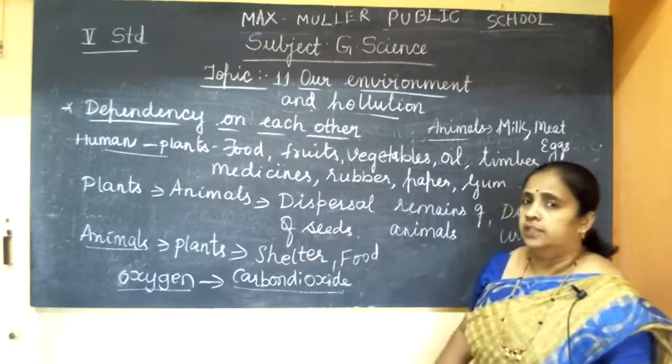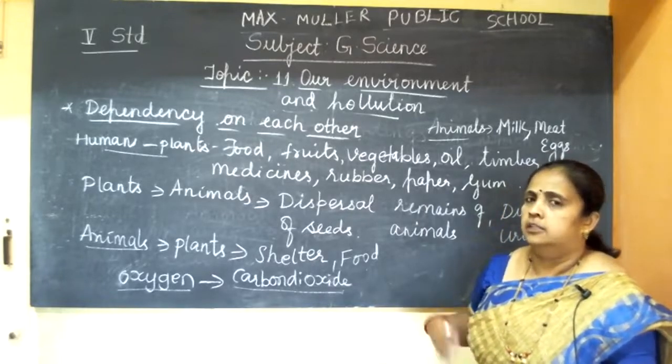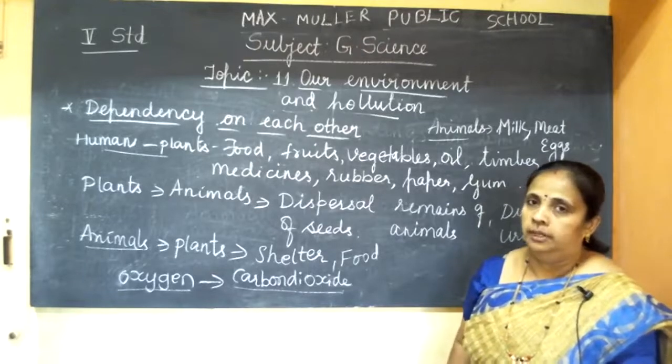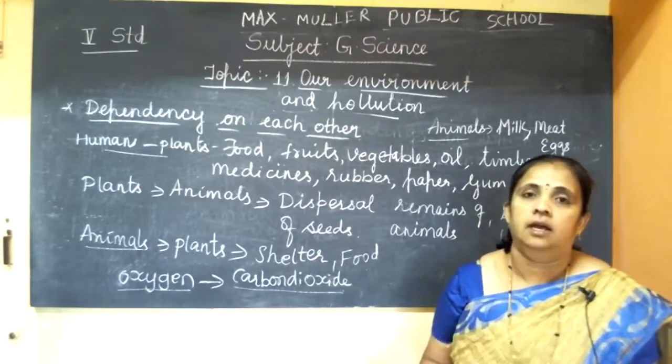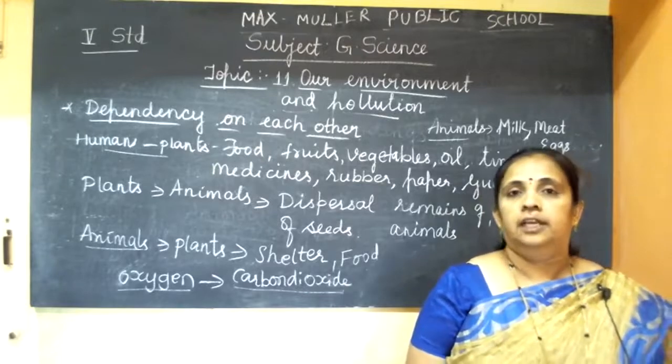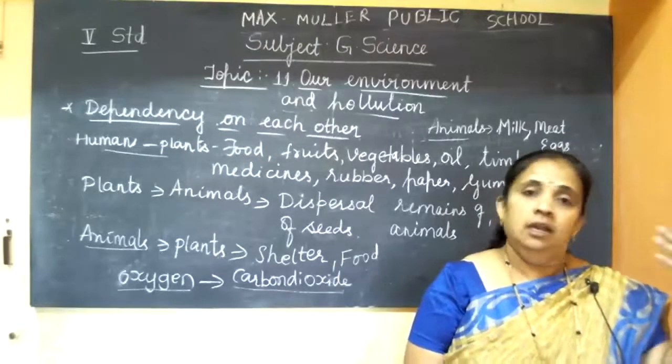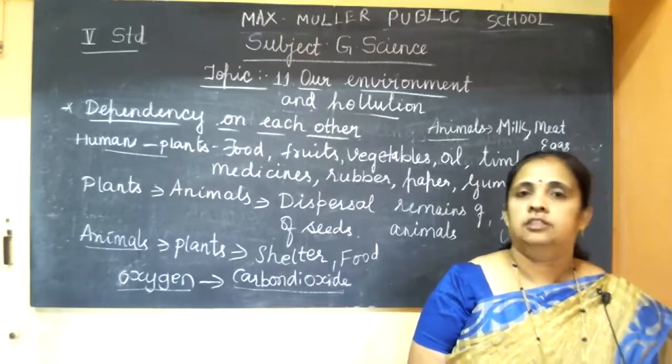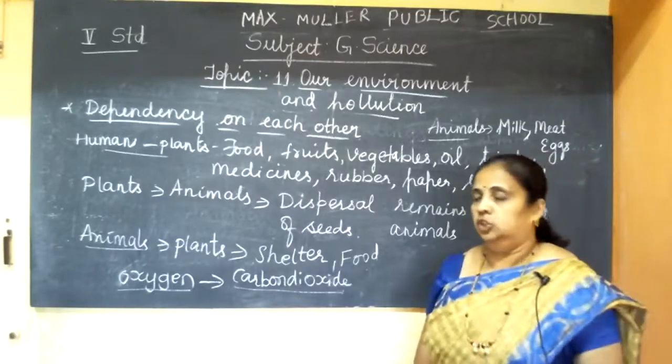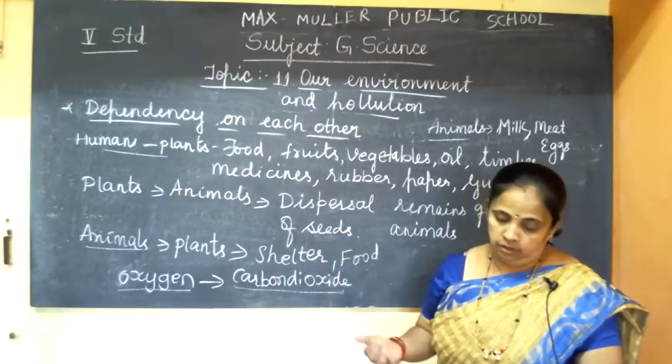Okay, so in order to satisfy his needs, he is putting pressure on the environment. He is using all the resources. He is cutting down the trees, killing animals, using air, water, wind, soil, all the resources which are present, putting pressure on and damaging the environment.